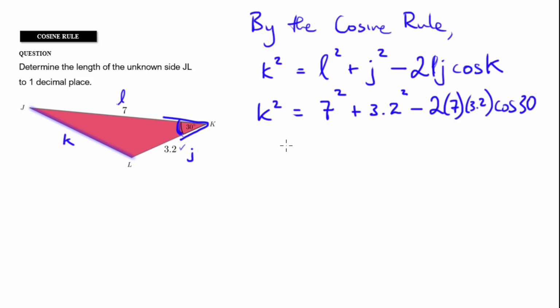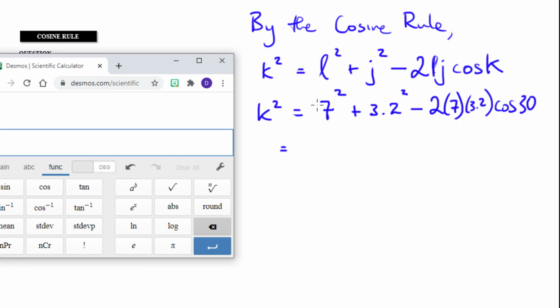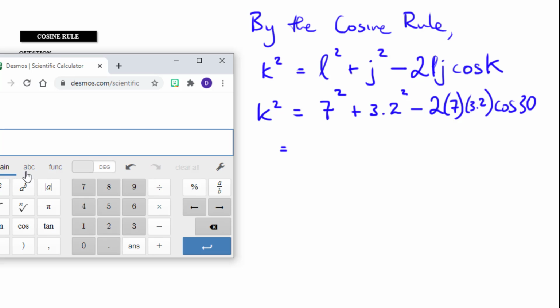Now, remember I said it's so great when you have a good calculator, because I'm just going to bring mine up and throw exactly what I see here into my calculator. So that's going to be 7 squared plus 3.2 squared minus 2 times 7 times 3.2 cosine 30.